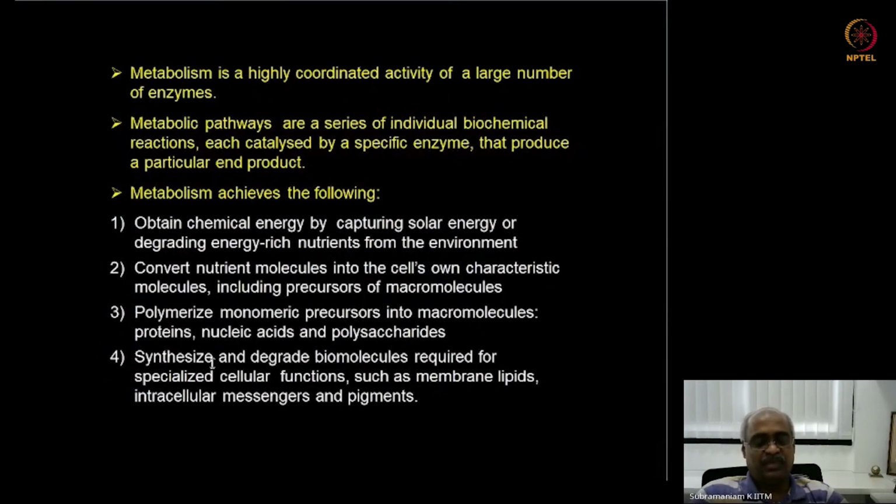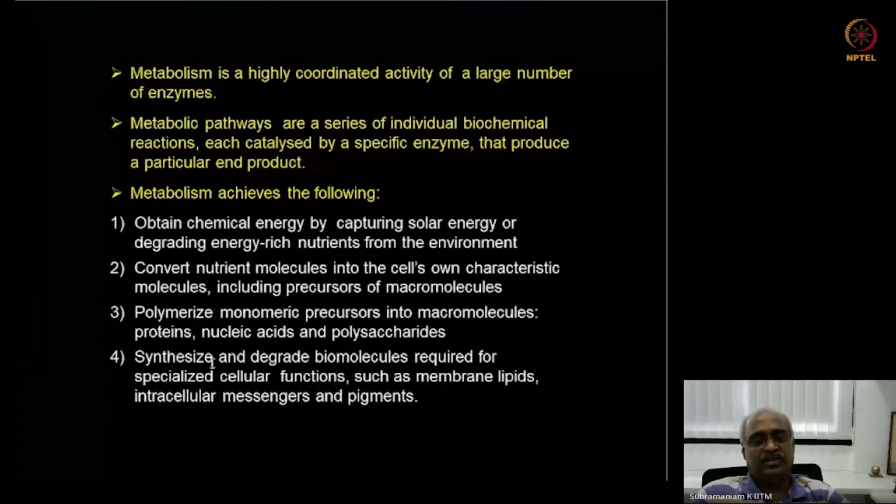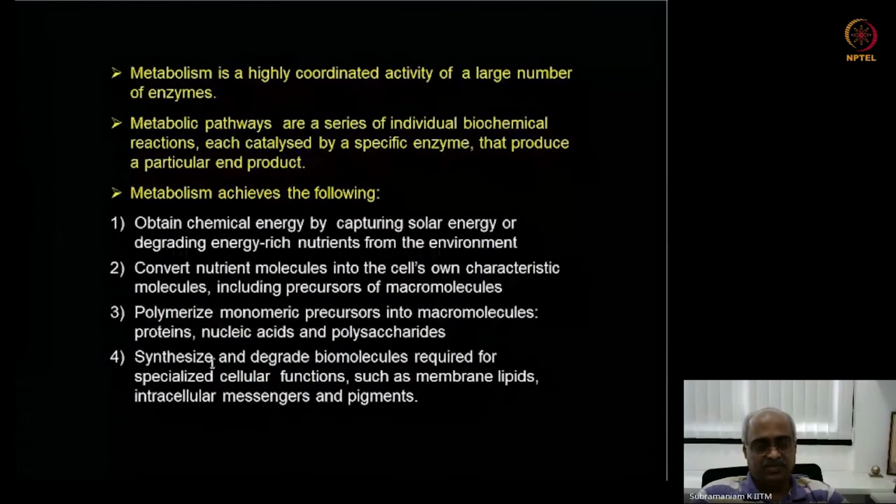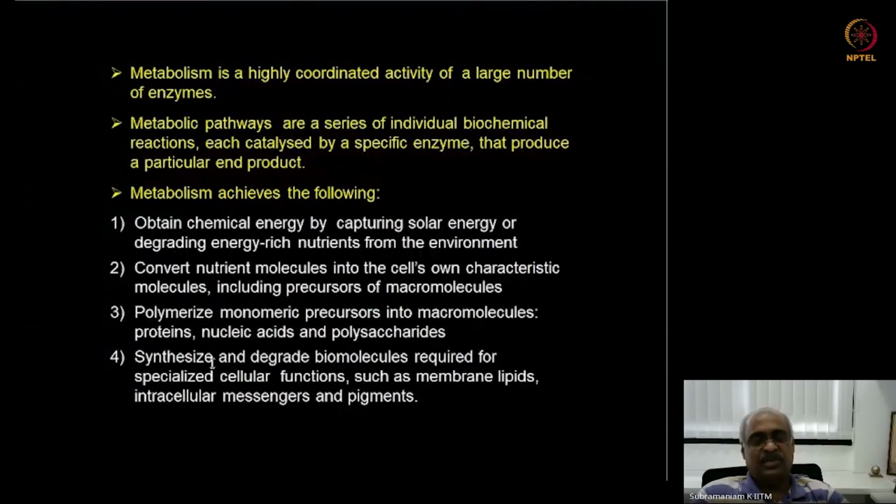So therefore delta G is negative, and there is free energy release, meaning the ground state of the product, its energy content, is lower than the energy content of the substrate. So through that process you get chemical energy.